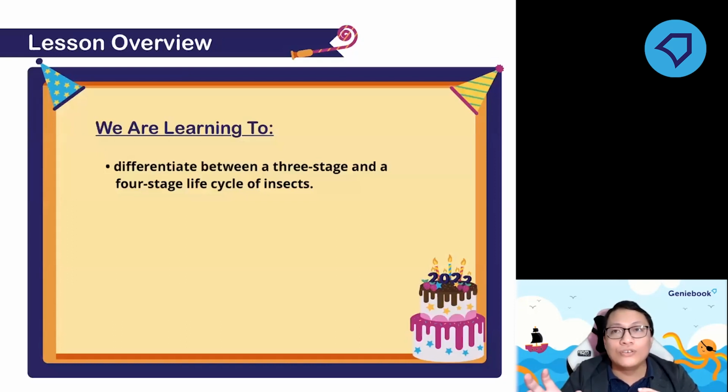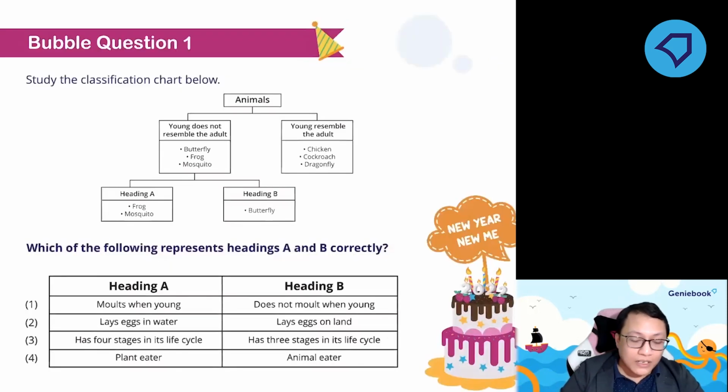I want you to make a comparison between these stages. I asked you some of them in the previous slide. Now, let us see the first bubble question. Which of the following represent headings A and B correctly?